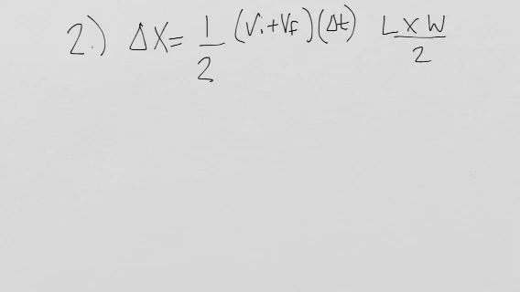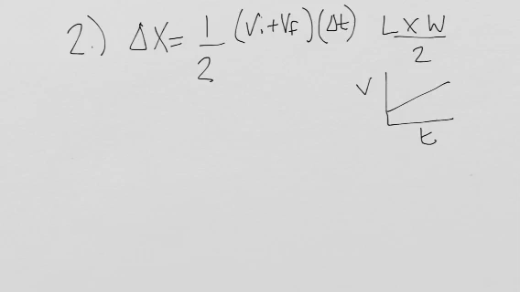We know that when we have UARM, there is an acceleration. So in a velocity time graph, okay, velocity is a function of time, we know that the line is going to have a slope. All right, so the reason we get this equation is that this equation is looking at the area under the curve for this triangle, okay?